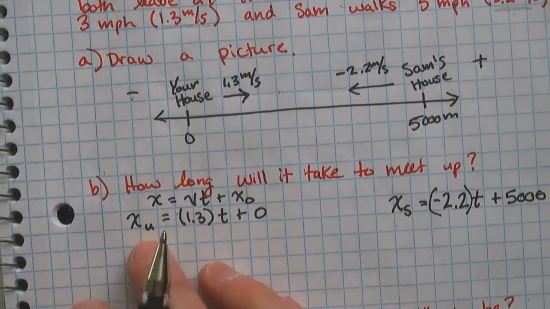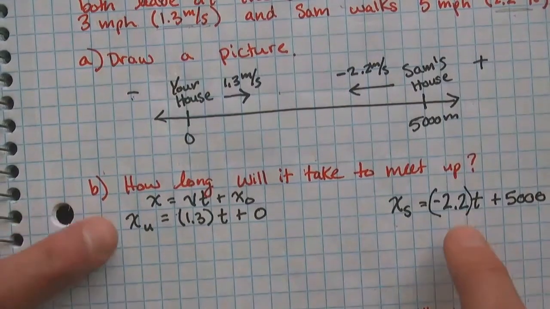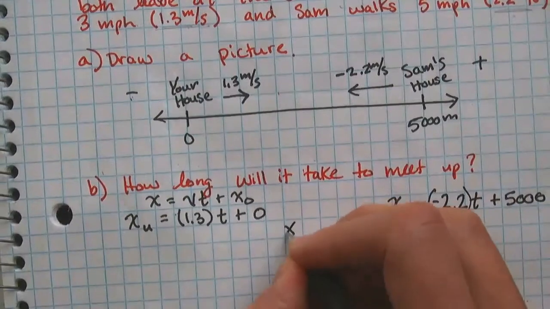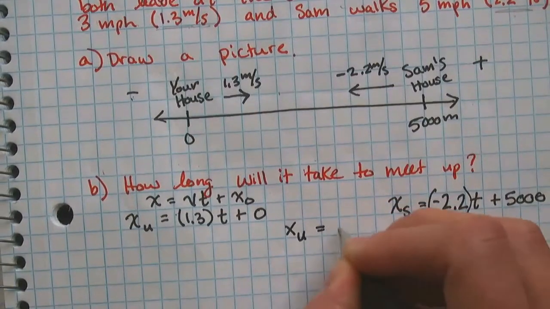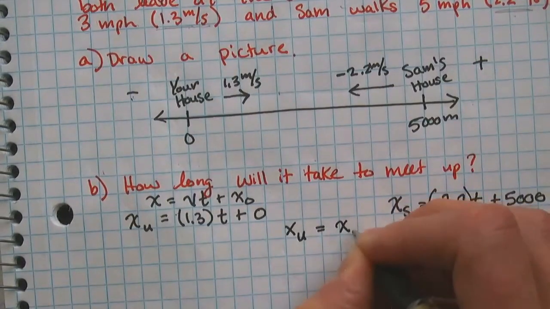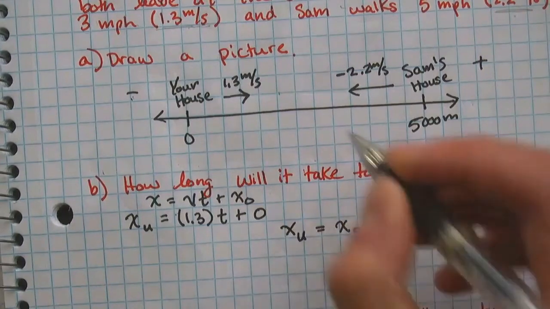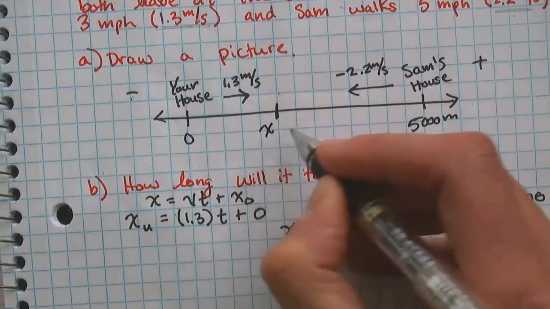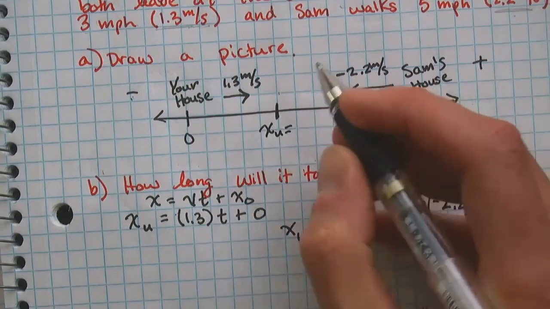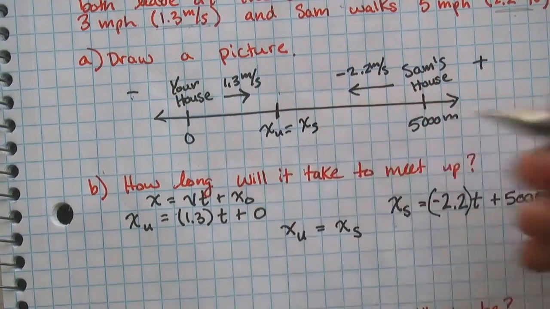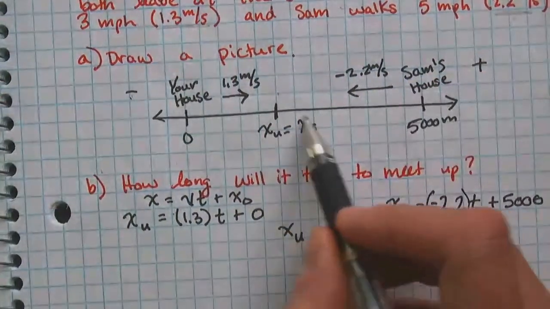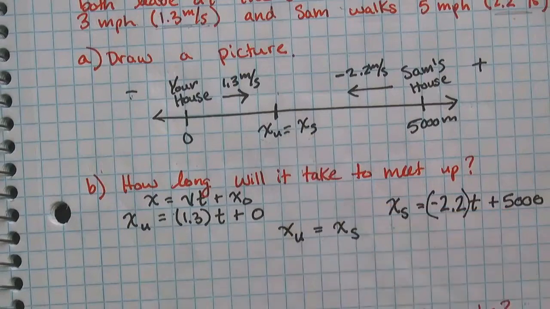And what we really want to know here is, when do you guys meet up? Well, you meet when your position is equal to Sam's position, right? So when you guys are walking this direction, the time when both of you have the exact same position, that is when you meet up.